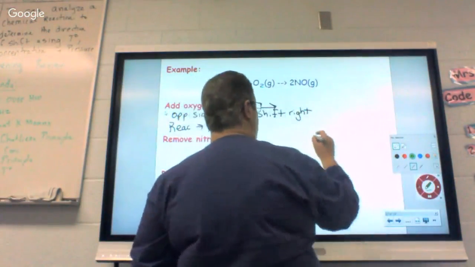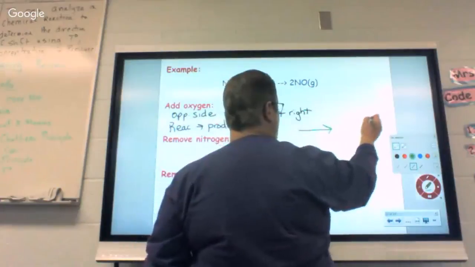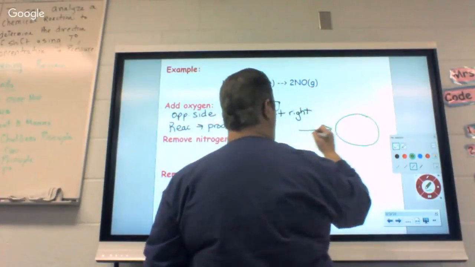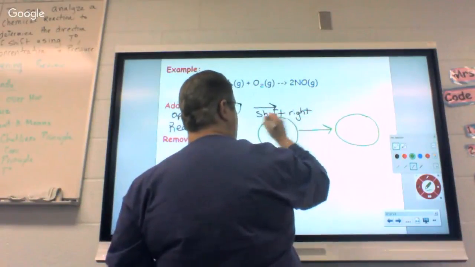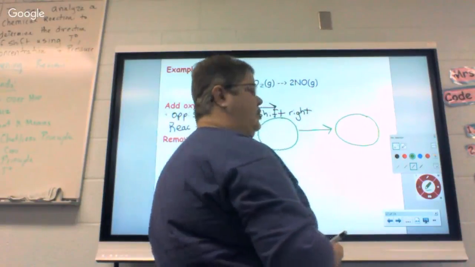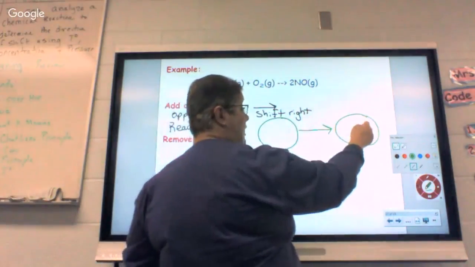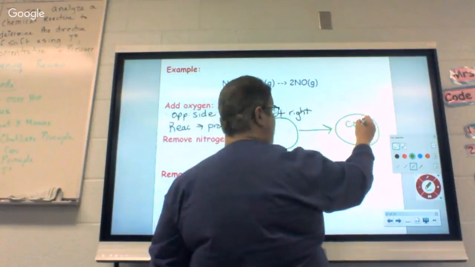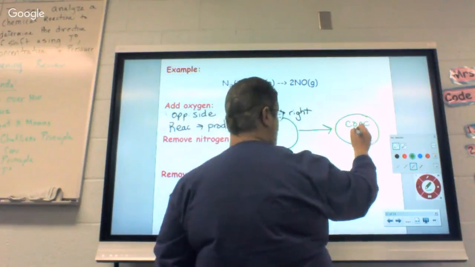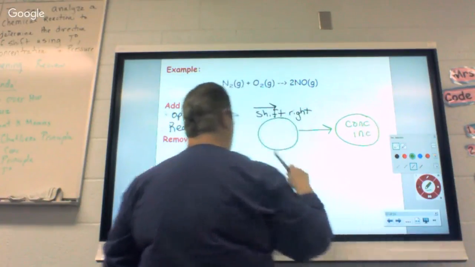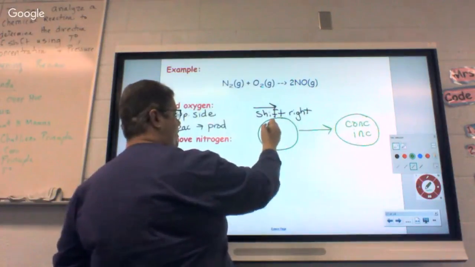If I shift to the right, what's going to happen to the concentrations on the right and the concentrations on the left? Anytime I shift to the right, what happens over here? The concentration increases. What happens over here? It decreases.